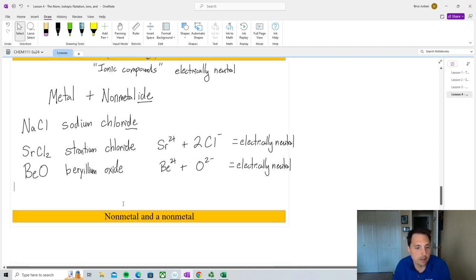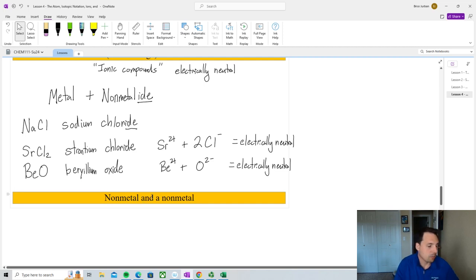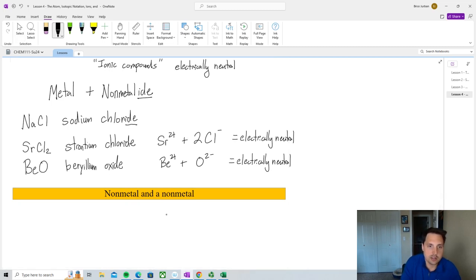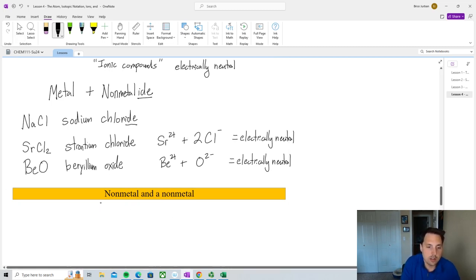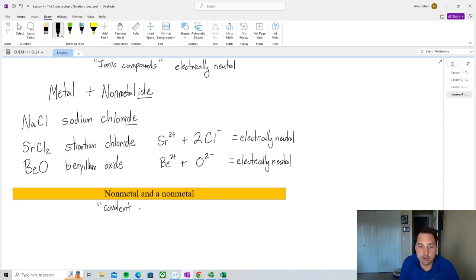All right, now anytime we have a non-metal and another non-metal, these are different types of compounds. They're specifically called molecules. They're covalent molecules because the bonds that are shared between the atoms in a molecule, typically the electrons are actually shared between these atoms.